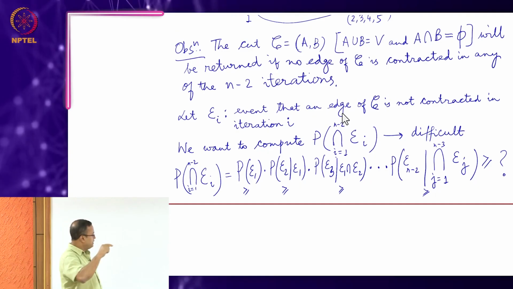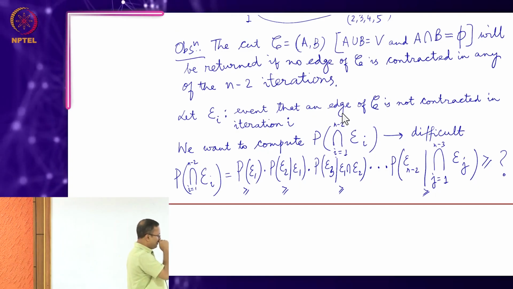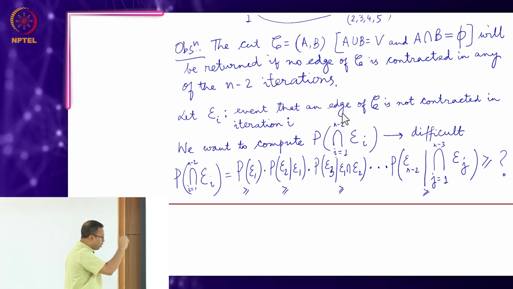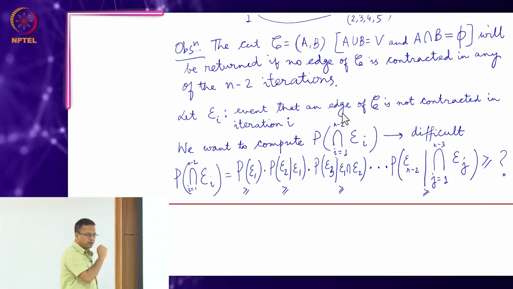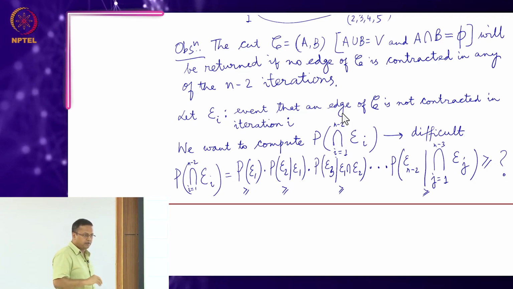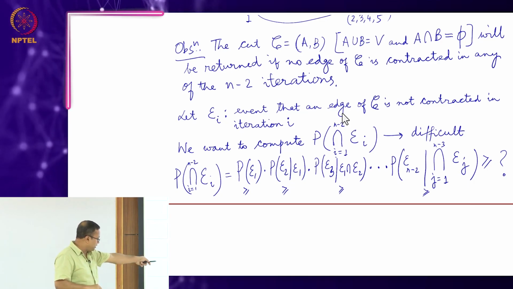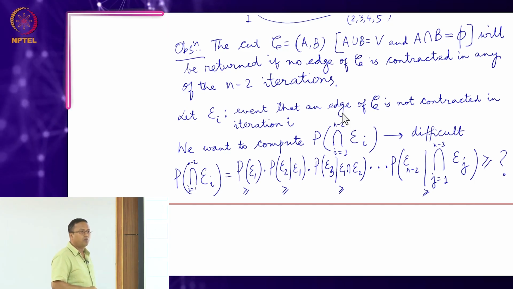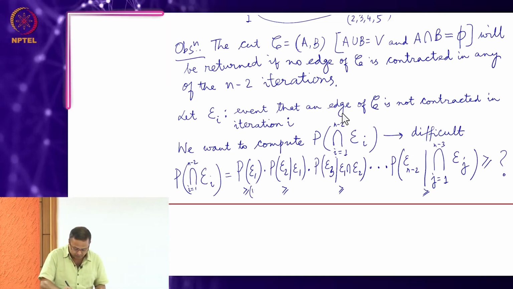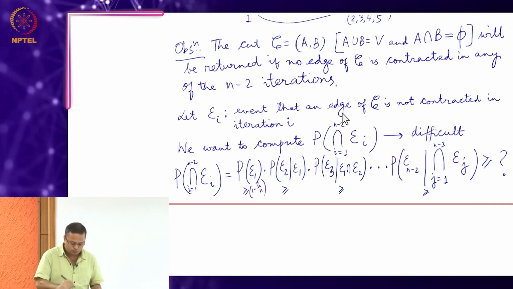What is my E1? The event that an edge of the cut is not contracted in iteration 1. The complement was upper bounded by 2 by n. So this should be lower bounded by 1 minus 2 by n, that is what I meant to say.